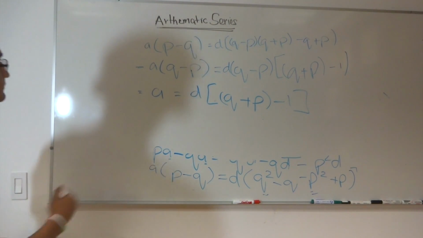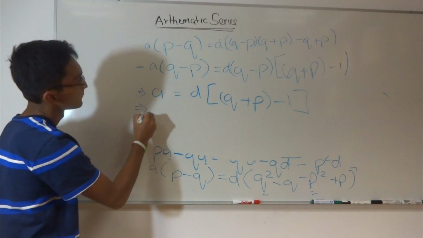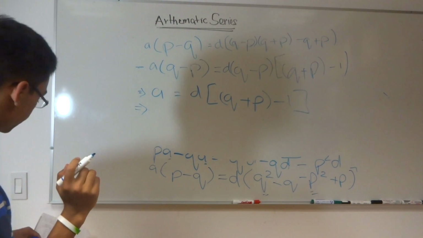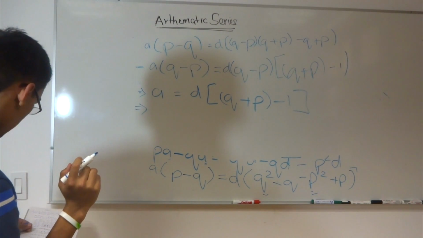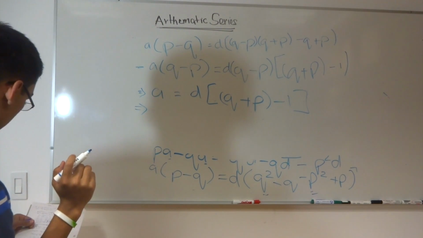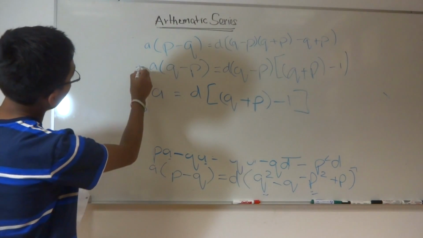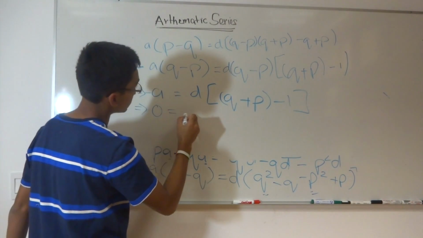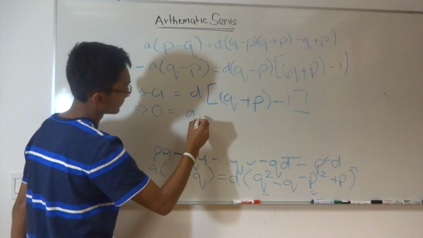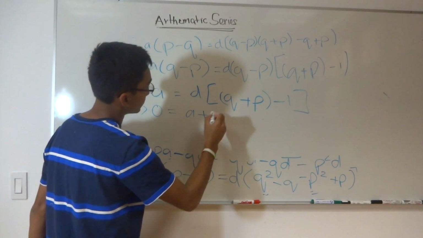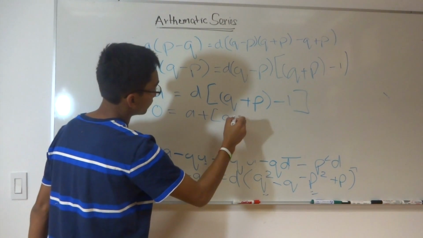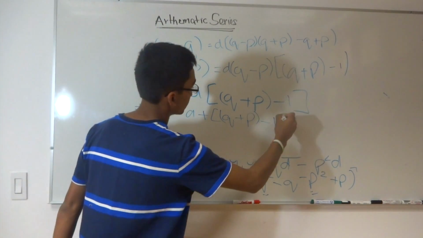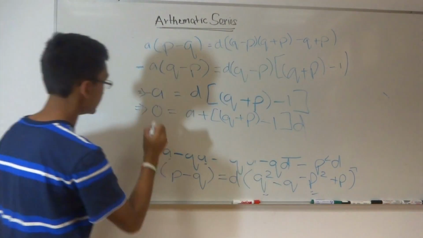Now, what you could do would be, oh yeah, I forgot about the minus. Take a to the other side, so 0 is equal to a plus (q plus p minus 1) times d.